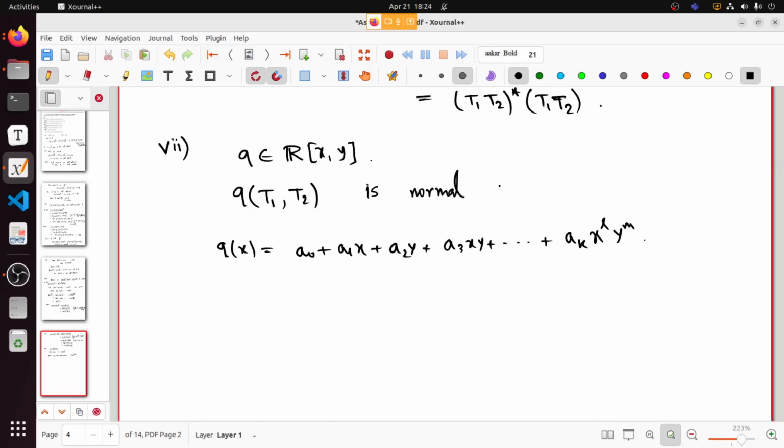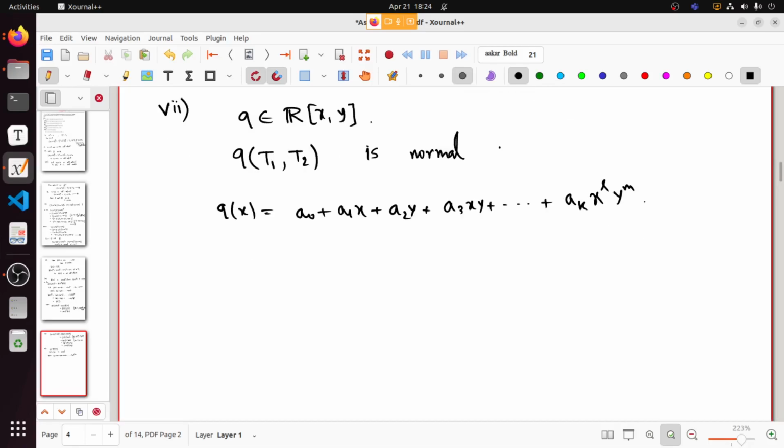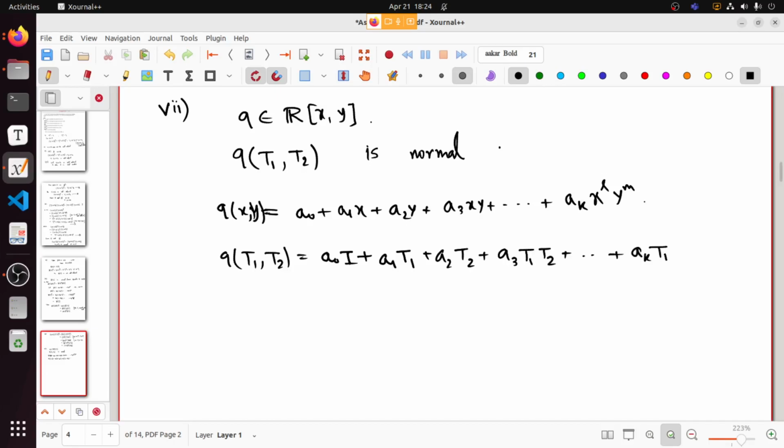Suppose this is a polynomial in two variables x, y. Then what will be q of T1 T2? It will be a0 identity plus a1 T1 plus a2 T2 plus a3 T1 T2 plus dot dot dot ak T1 to the power l T2 to the power m, right?